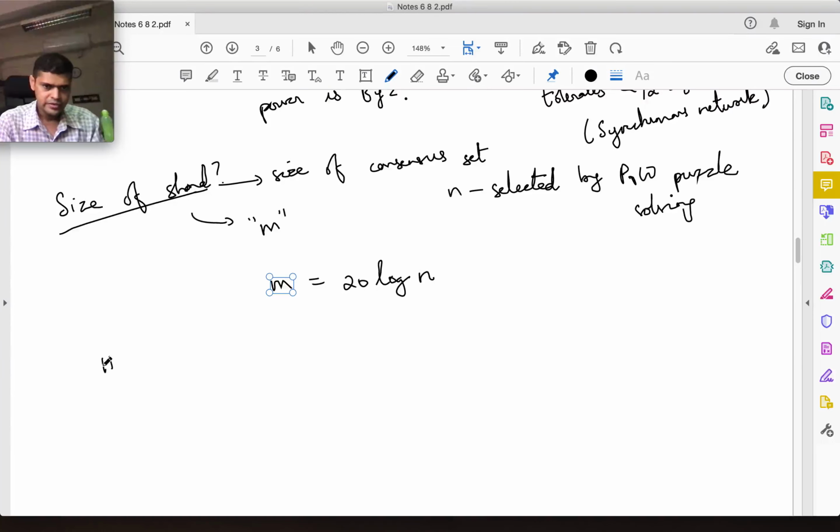right? And so the number of shards is equal to n divided by 20 log n. So what does this mean? That if you have more nodes being selected, then the number of shards goes up higher.